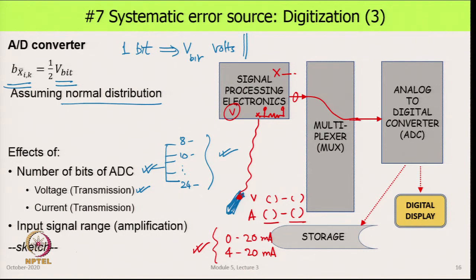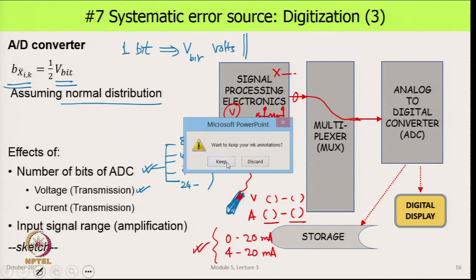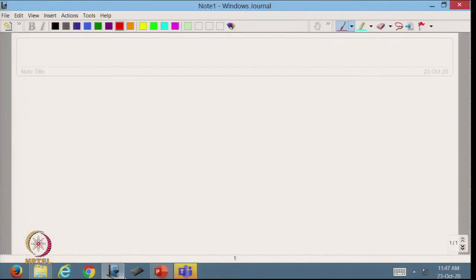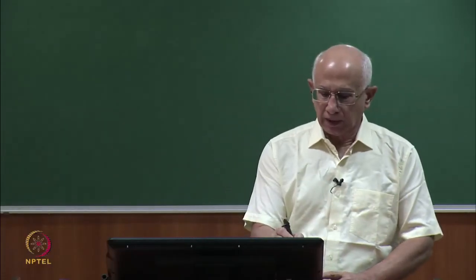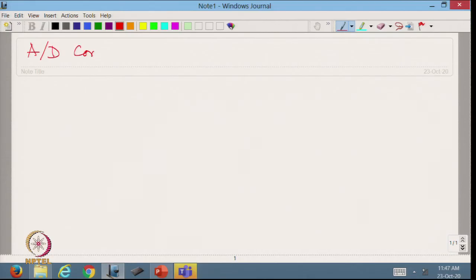So, now let us see what are the issues with the analog to digital conversion process. So, we are looking at the A to D converter. There is electronics in this thing, hardware, into which we input a signal.